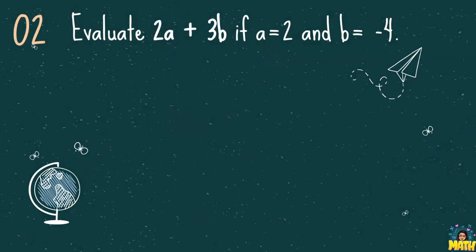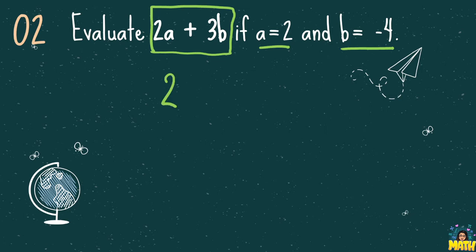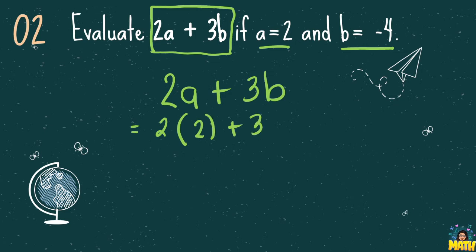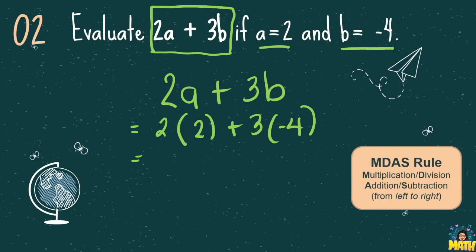Next, let's evaluate 2a plus 3b if the value of a is 2 and b is negative 4. Again, papalitan lamang natin ng value ang bawat variable. A is 2 and b is negative 4. Let's always remember to follow the MDAS rule.